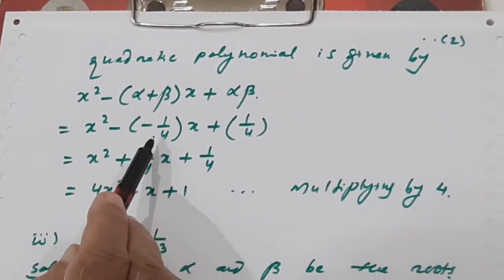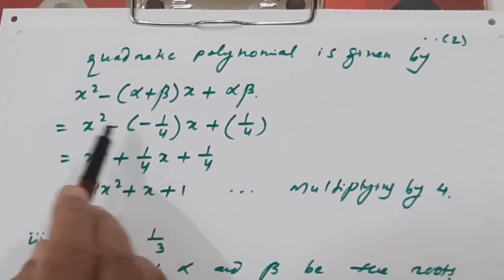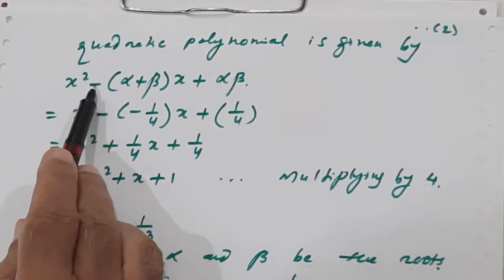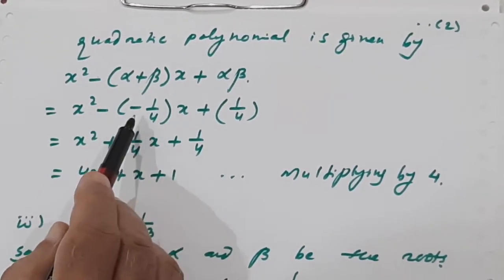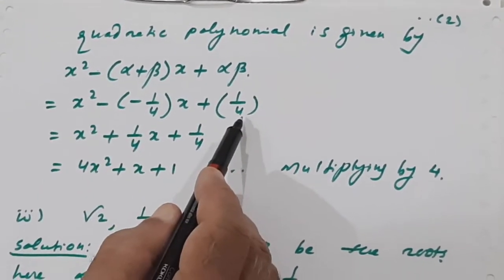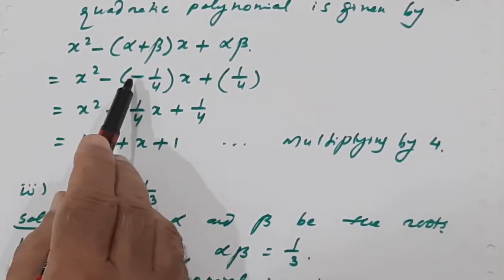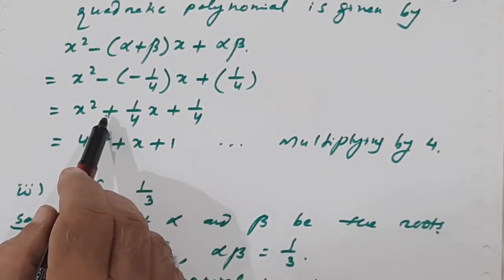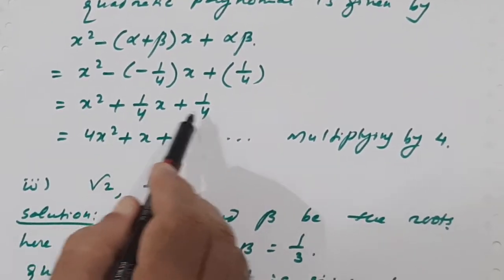So what is the sum? Minus 1 upon 4, keep it in bracket. x square minus, this minus is from the expression only, and minus 1 upon 4 is the sum, plus 1 upon 4, that is your product. Now open the bracket, minus into minus is plus, and here also plus.